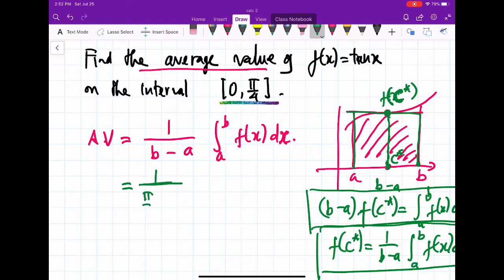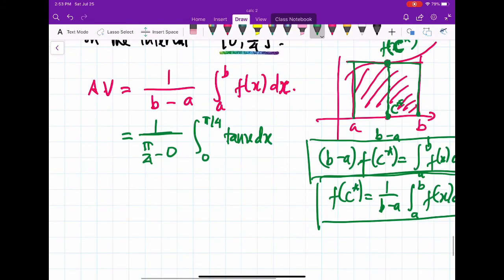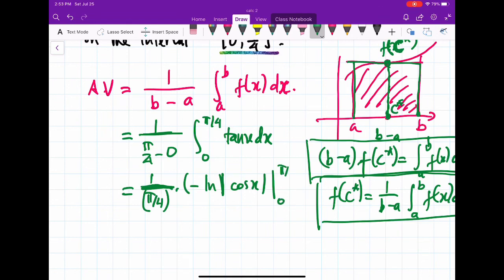All right. So once we have the formula, I just plug the numbers into it. I get 1 over pi over 4 minus 0, integral from 0 to pi over 4 of tangent x dx. We know the antiderivative of tangent, so I just simplify this 1 over pi over 4. The antiderivative of tangent is negative ln of the absolute value of cosine of x, evaluated from 0 to pi over 4.